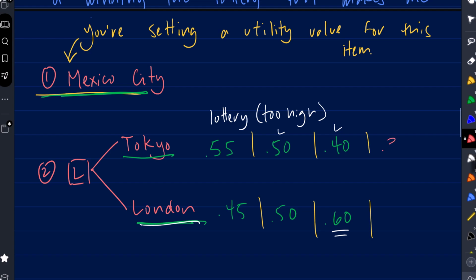For me, if it came down to a little bit lower, 35% chance of winning the lottery or 65% chance of losing, so at this point I've got almost a 1/3 chance of winning, almost 2/3 chance of losing. If those were the odds for the lottery, I'd be equally happy with either taking the lottery or just selecting Mexico City.